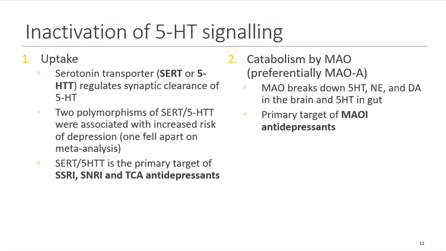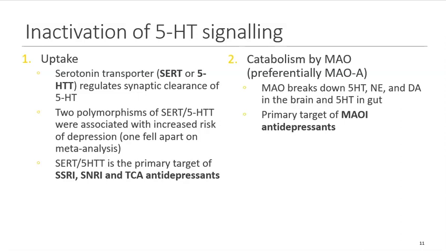So what happens if there's an inactivation of serotonin signaling? First is uptake. The serotonin transporter, which we call SERT, or S-E-R-T, or 5-HTT, because 5-HT is serotonin, so then you add a T for transporter, regulates the synaptic clearance of serotonin.